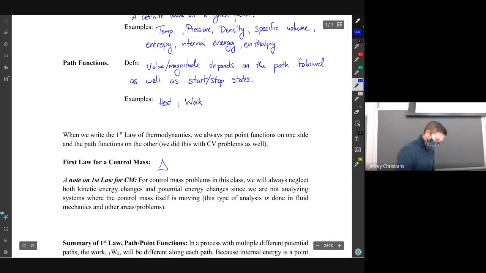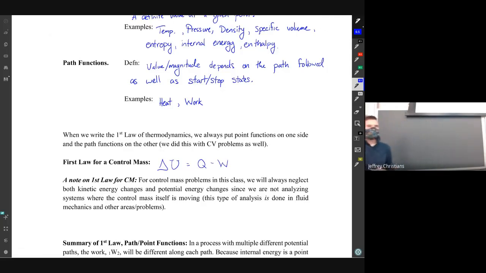For a control mass, we're typically going to write the first law, and it's going to look really close to the same, but not exactly the same. So I'll just write it and then we'll explain the differences. This is what our first law will, in this class, look like. It doesn't have quite as many terms as the first law for a CV.